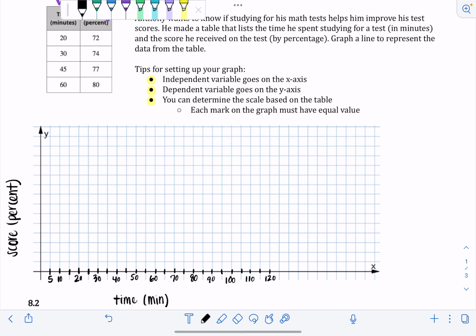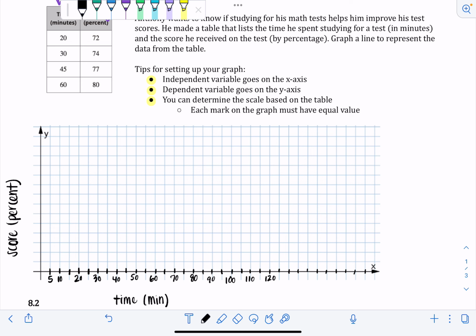I'm going to stop there and just continue with my marks because you guys can see. And just remember, when you scale your graph, each tick mark should be the same value. So like I decided the spacing is by 5. They all need to be by 5.